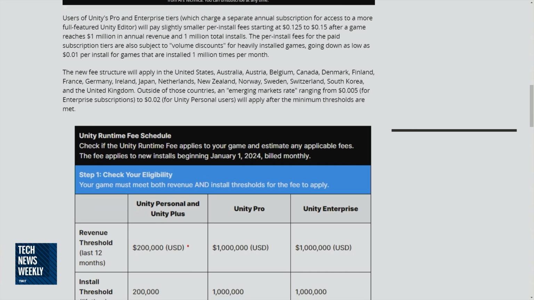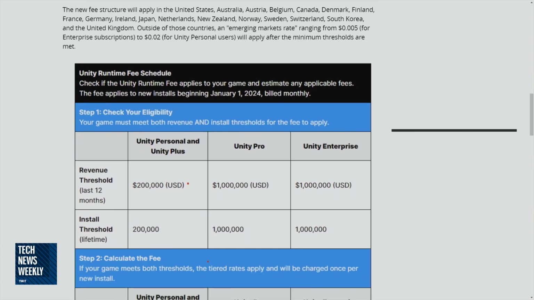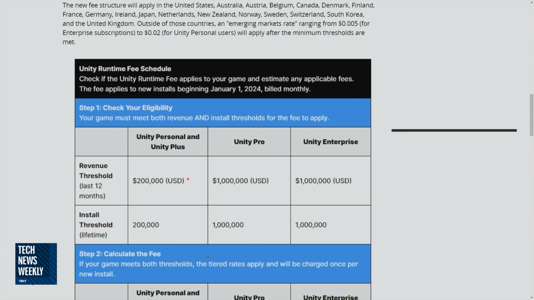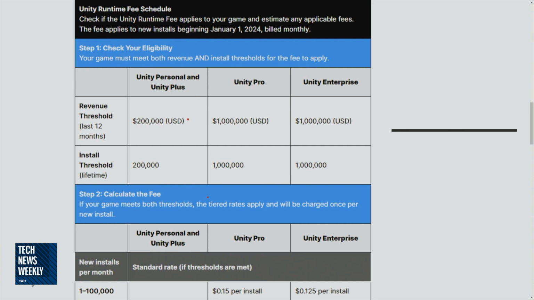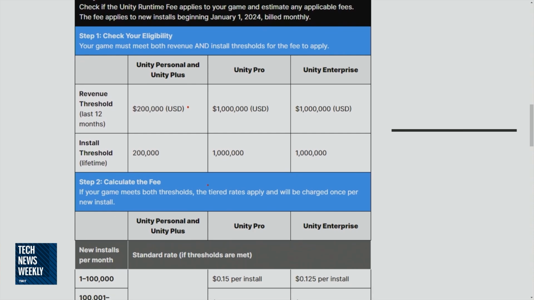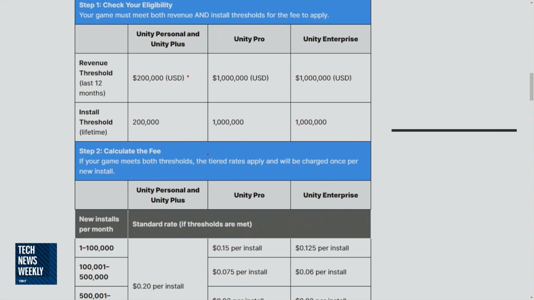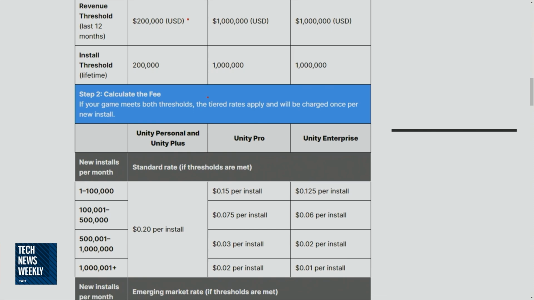But they're being really vague about that, and people are really worried about that. So that's just one side of it. There are a lot of issues, not just with the way they're doing this, but that it's a change. For years, they've been proudly the company that won't nickel and dime you. Right. I think there's a 2015 quote that there's no royalties. We're completely free. And that's what they've sold themselves on.